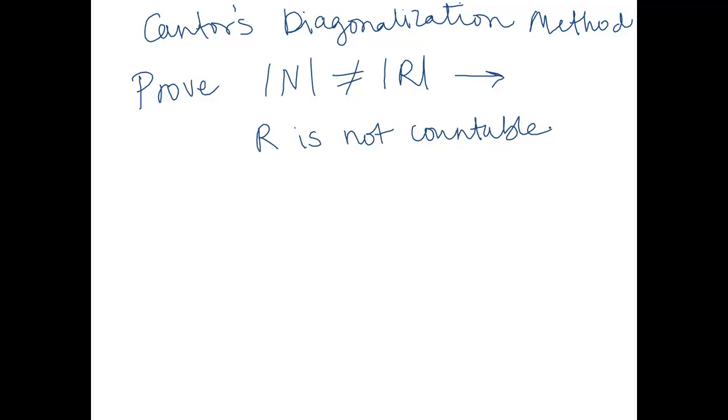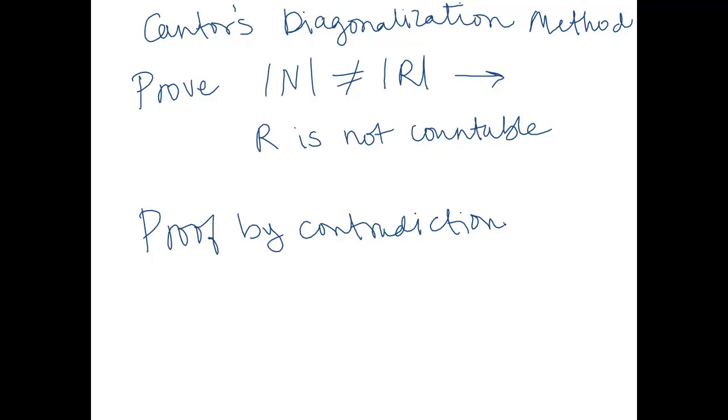Okay, how are we going to do this? We are going to do a proof by contradiction. Okay, so to begin this proof, let's go to a new page. We are going to suppose that the size of N is in fact equal to the size of R. Okay, so what does this mean?